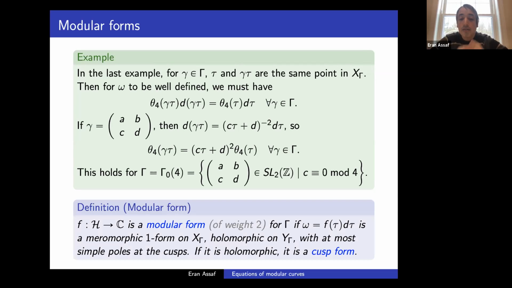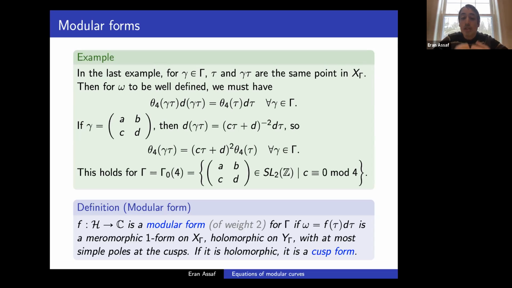But for us, our definition of a modular form will simply be a meromorphic one form which is holomorphic away from the cusps, and at the cusps it has at most simple poles. This geometric formulation is more compatible with our needs. If it is holomorphic everywhere, also at the cusps, it is called a cusp form.